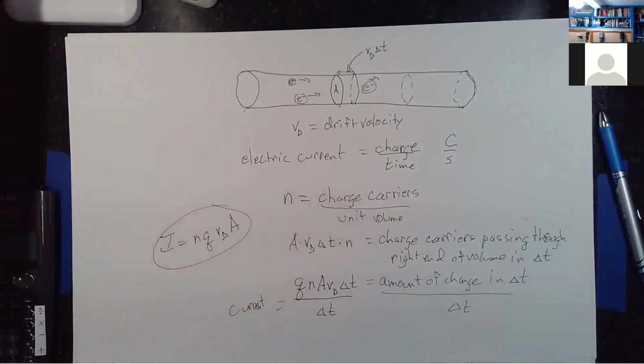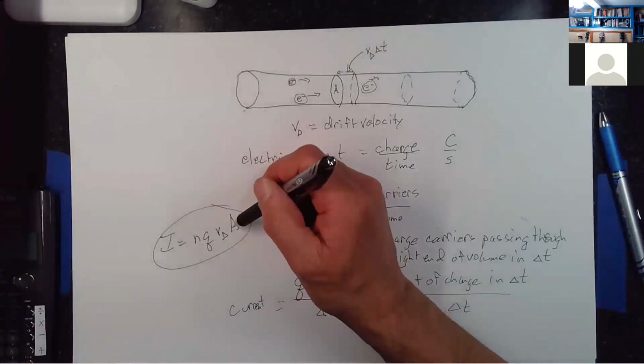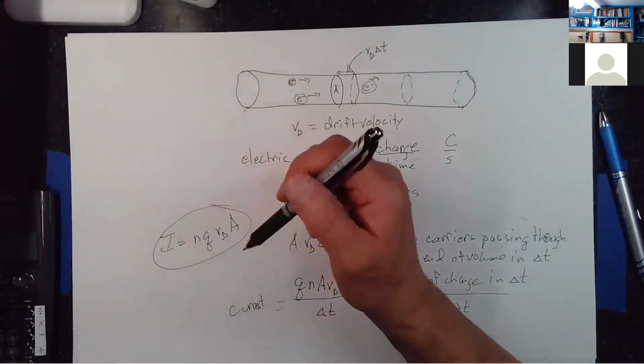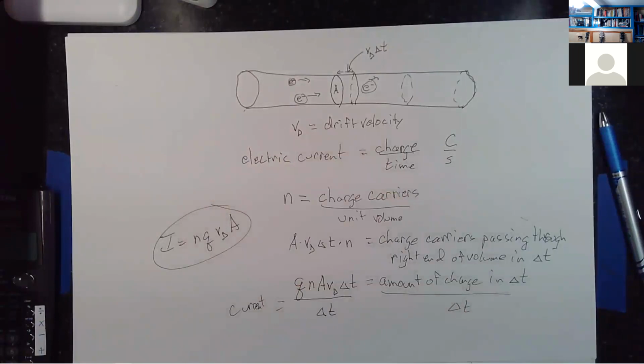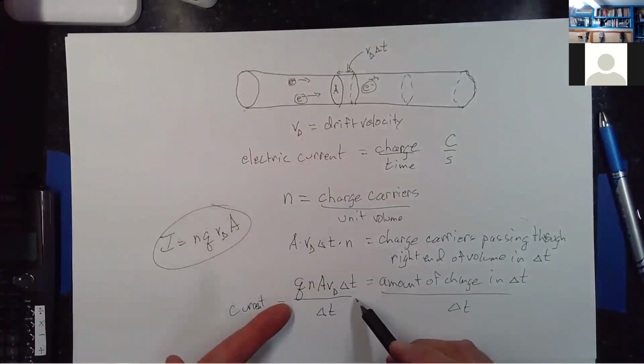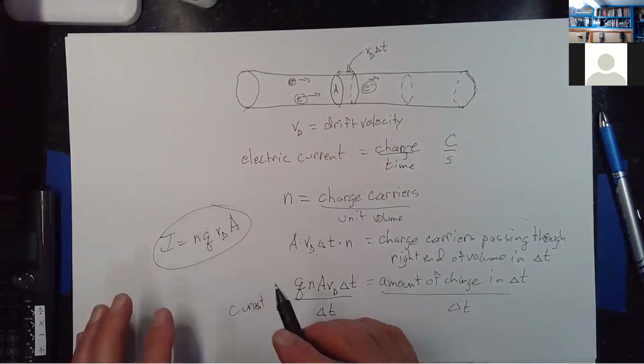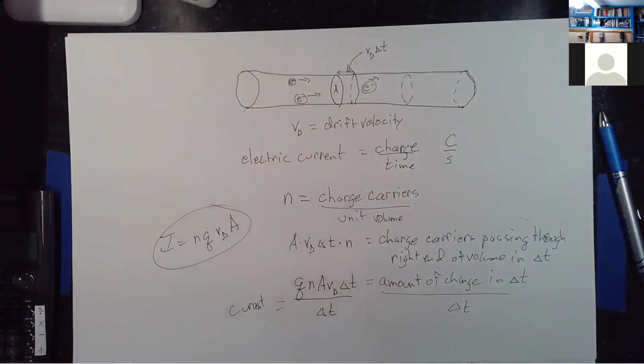Something that's sometimes dealt with is the current density. If you divide by A, you get the current density, although I don't know that we're ever going to use that. But this is an idea of the electric current that's traveling through a wire at any given instant.